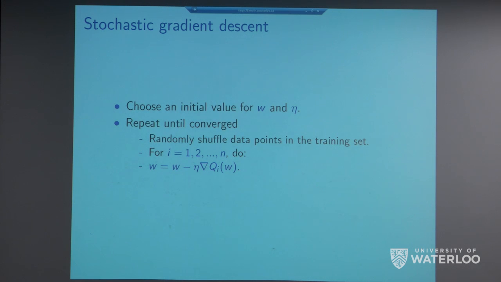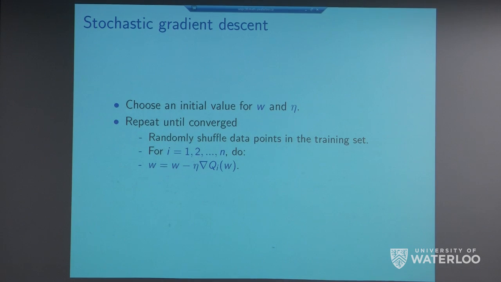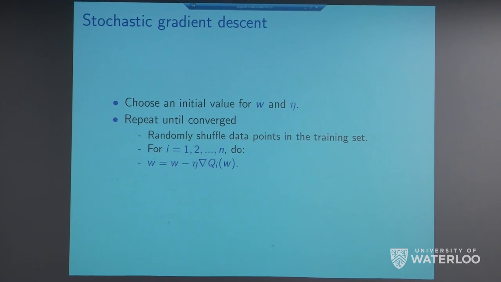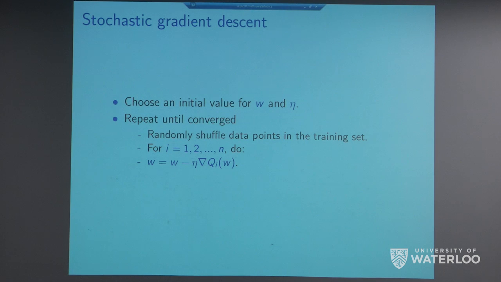This is the most common way of doing things, because if you do it for a single point, it doesn't converge efficiently. If you compute it for all data points, it's computationally expensive. So something in between: take a subset of points, a batch of points, and compute the gradient for that batch.